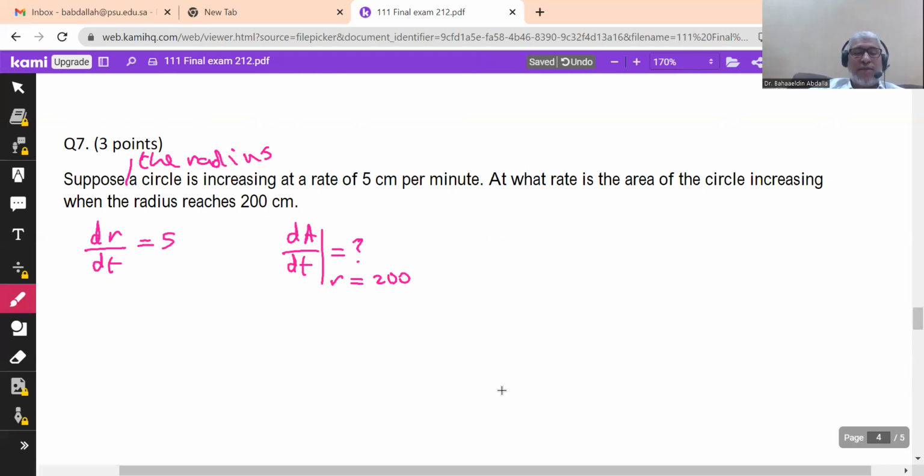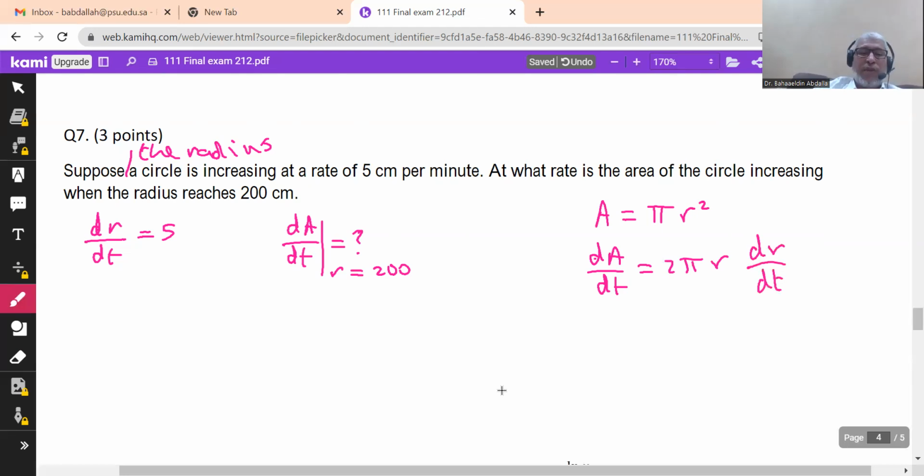Related rates, we need a relation between the area of the circle and the radius of the circle, and we know that the area of the circle is pi r squared. So when we find the derivative with respect to time, pi is a constant, so the derivative is 2 pi r dr by dt.